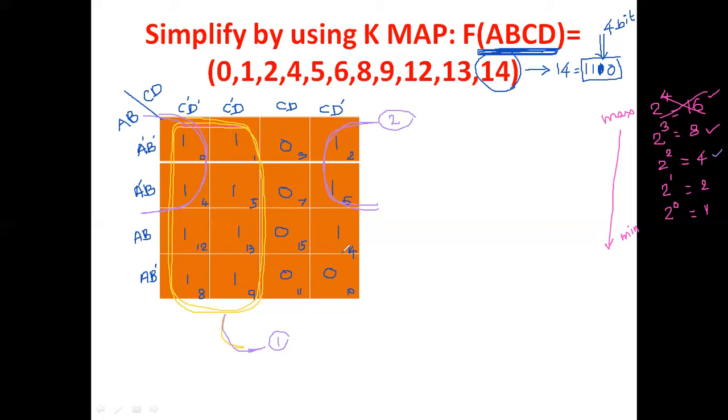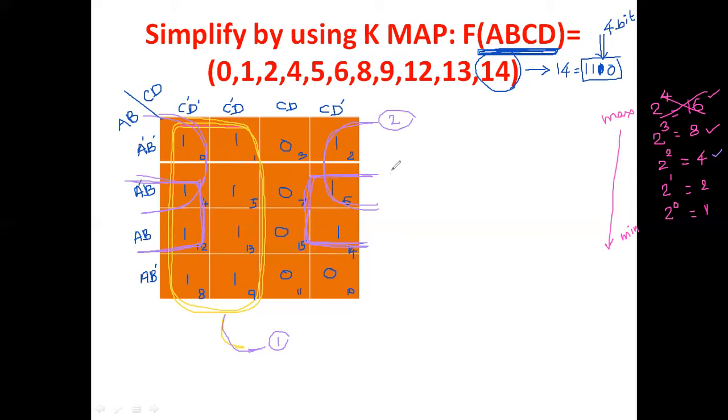Then you have to check if there is any possibility of grouping by using four ones. In this case, it is possible. How? That means it is another grouping. Please listen carefully. See this. My ungrouped one can be grouped with already grouped ones.